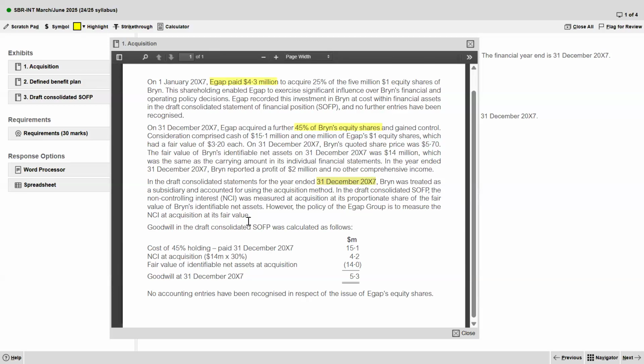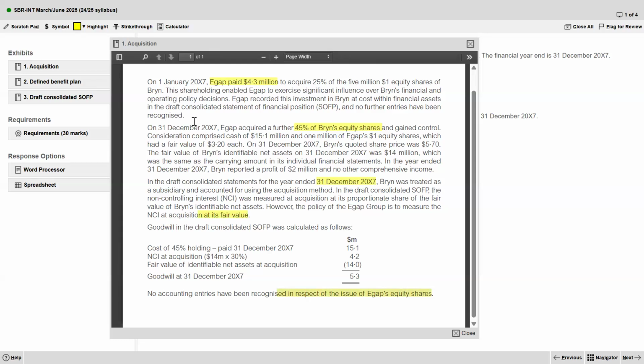However, the policy of the group is to measure the NCI at acquisition at its fair value. Goodwill in the draft consolidated SOFP was calculated as follows: cost of this, NCI at acquisition this, fair value of net assets this. No accounting entries have been recognized in respect of the issue of ICAP's equity shares.